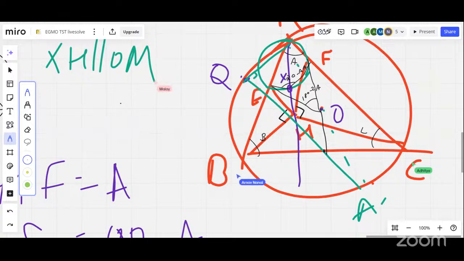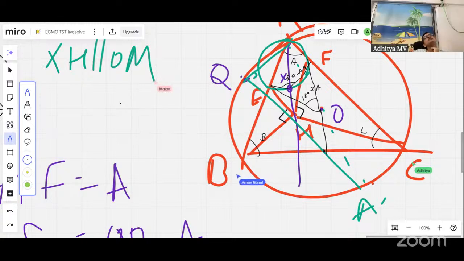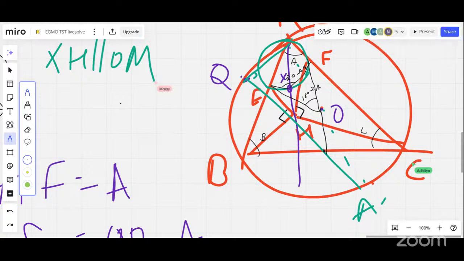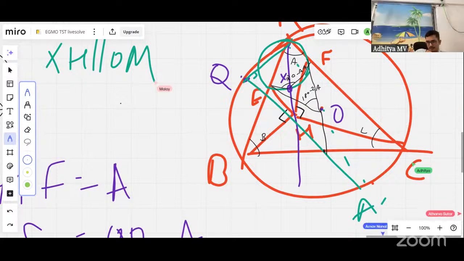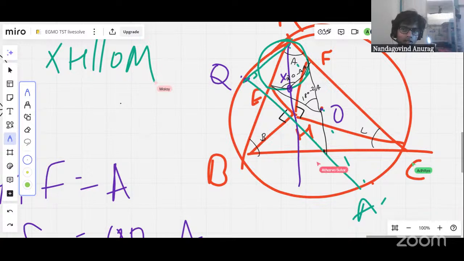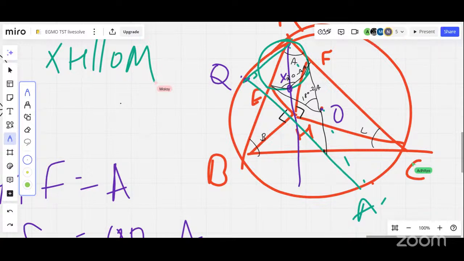Okay, that's good. That gives angles, but find the other intersection of OQ and AF maybe. Wait, how will you bring in E and F? That's the issue. E and F seem a bit random at this point.